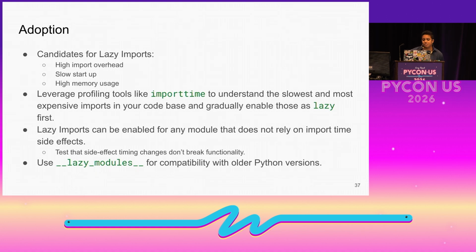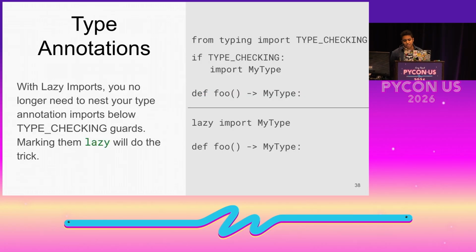But there's two other cases that I want to highlight as well, where I think lazy imports just makes things a little bit cleaner. And the first one is type annotations. We had introduced if TYPE_CHECKING as a way to basically allow the imports for modules that are only used for type annotations, but with lazy imports we no longer need this.